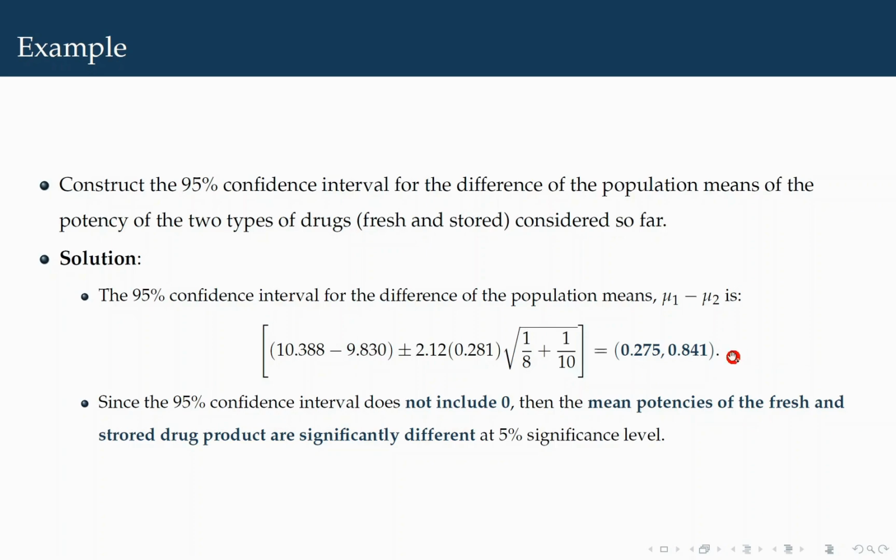So from this confidence interval also, we can easily determine that the mean potency of the drug products taken directly from the production line is significantly higher than the one that is stored for a period of 1 year. So in other words, storing the drug product for a period of 1 year makes the drug product lose its potency.